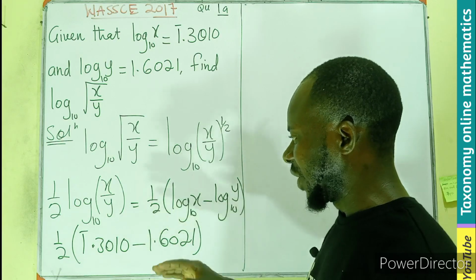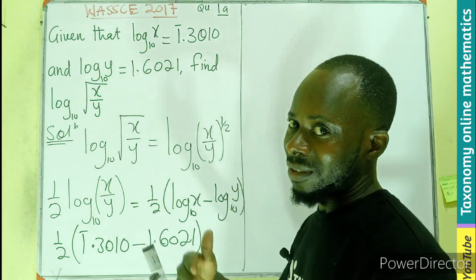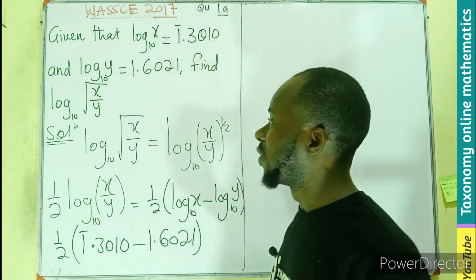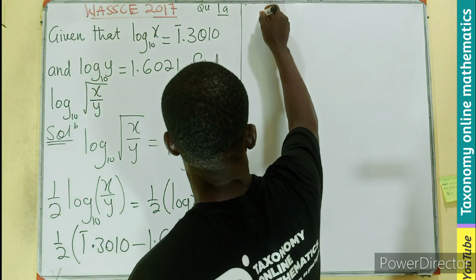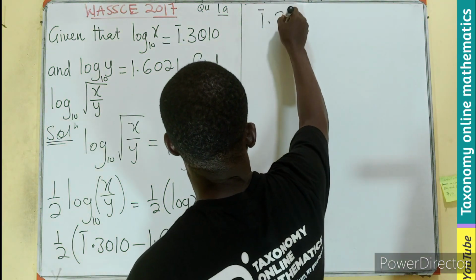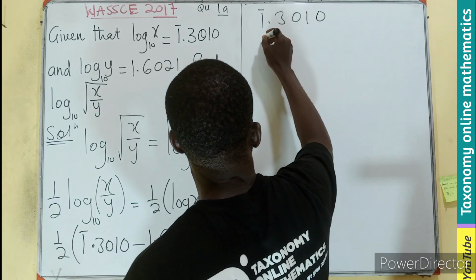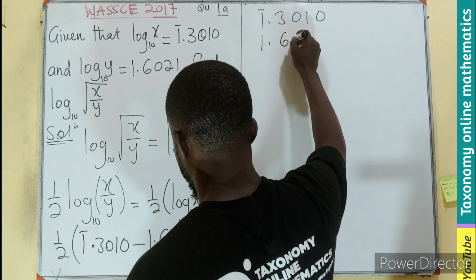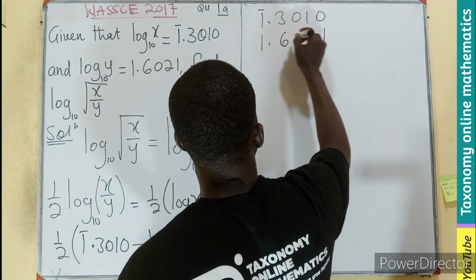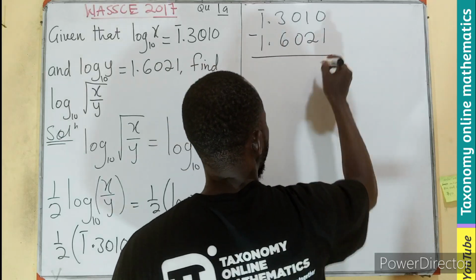Now, in the subtraction, let's arrange it as we normally do with their place value. So I'll be having 1 bar 3010 and 1.6021. We are doing a subtraction.